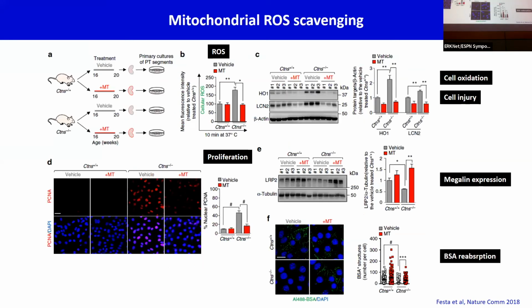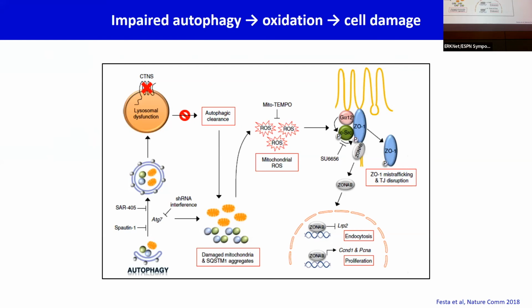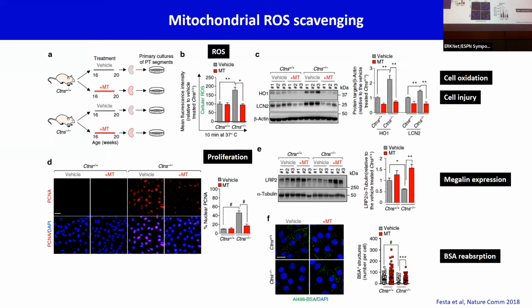And in fact, when they treated this animal with this, I think it was MitoTEMPO in this case, which is a mitochondrial scavenger, clearly radical oxygen species decreased, but cell proliferation was restored to normal level, cell injury was improved, megalin expression was reestablished, and endocytic processes were rescued.